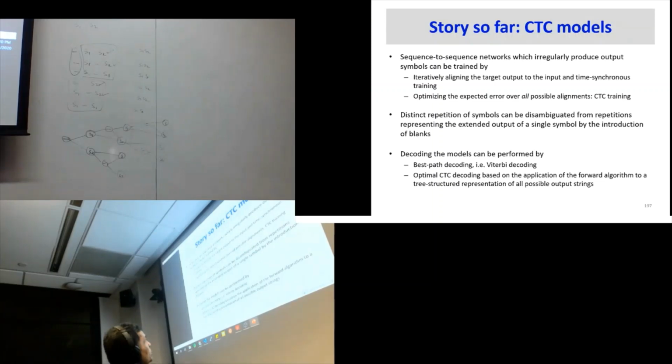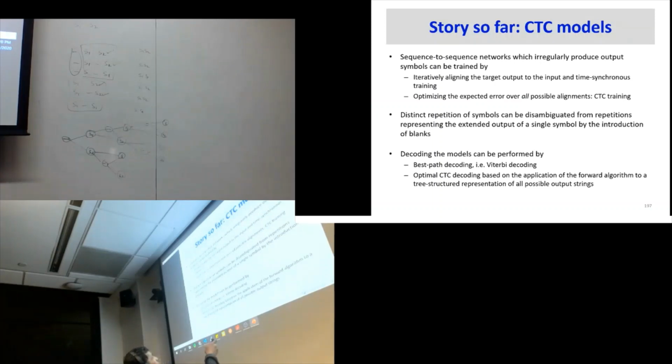And so, getting to the end, the story so far is that sequence-to-sequence networks which irregularly produce output symbols can be trained by iteratively aligning the target output to the input and time synchronous training, or optimizing the expected error over all possible alignments, which is what we call the CTC training.